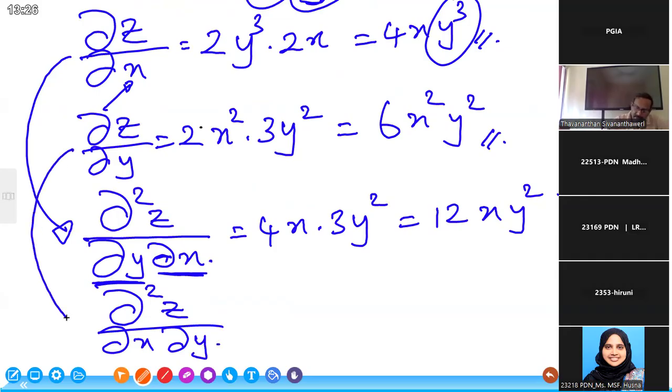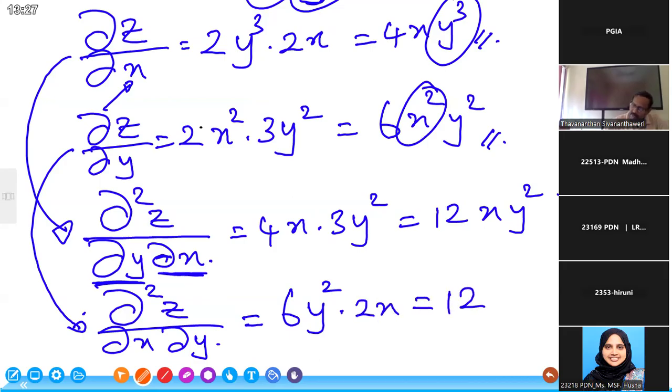That means you are differentiating this component, which has already been differentiated with respect to y, now with respect to x. I will come to that reason. So that is equal to 6. You are treating y also as a constant. So 6y square into the derivative of that, which is 2x. So that is equal to 12x y square.